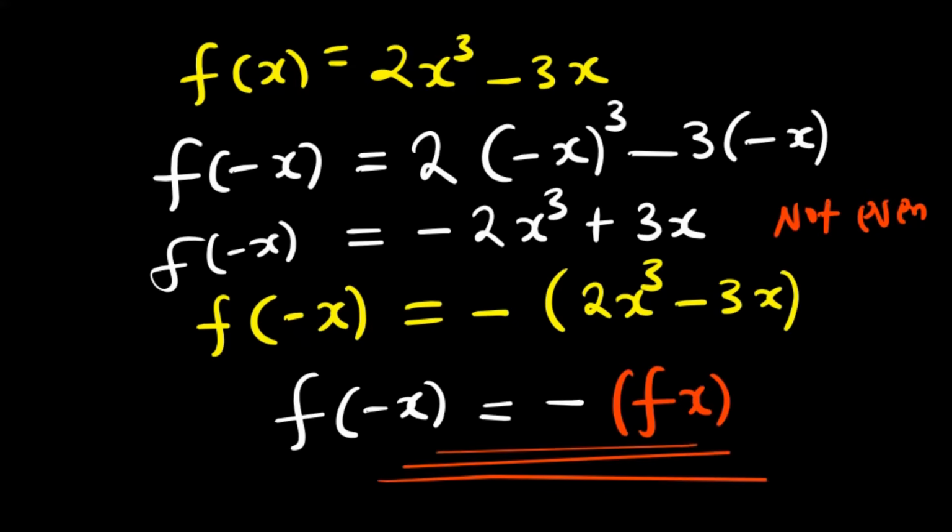That's how we find an odd function. Because we found that it is giving us a negative expression, this is an odd function. So basically this is how we show that a function is either odd or even. Then if it doesn't satisfy any of those conditions, it's neither.